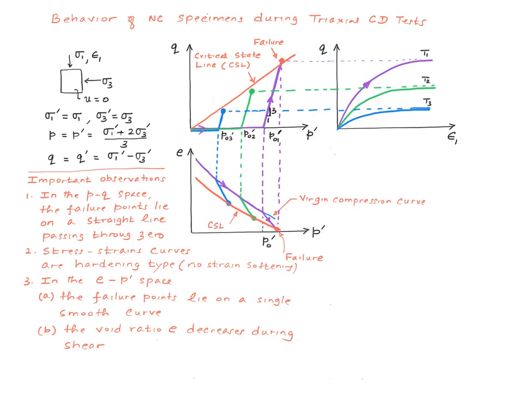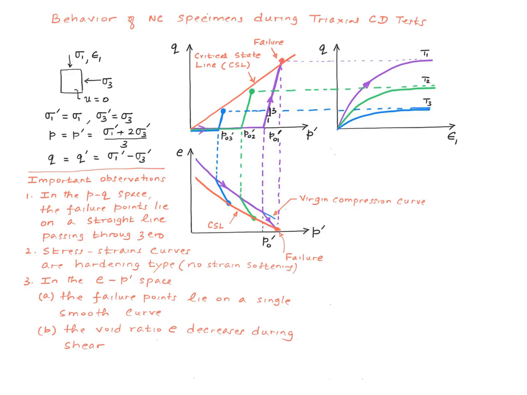In the e P prime space, all the failure points lie on a single smooth curve, and also we see that the void ratio decreases in all three tests. In other words, the specimen experiences a volume decrease or compaction.